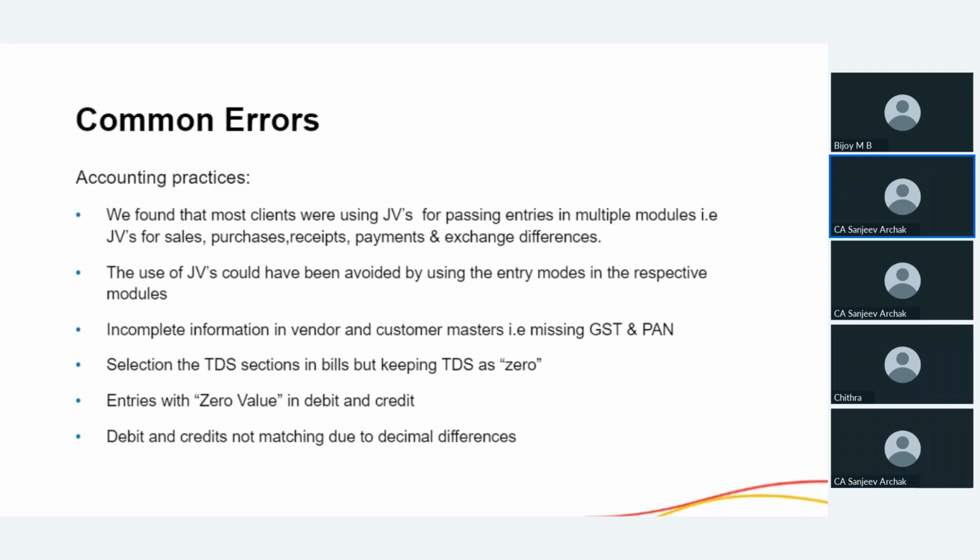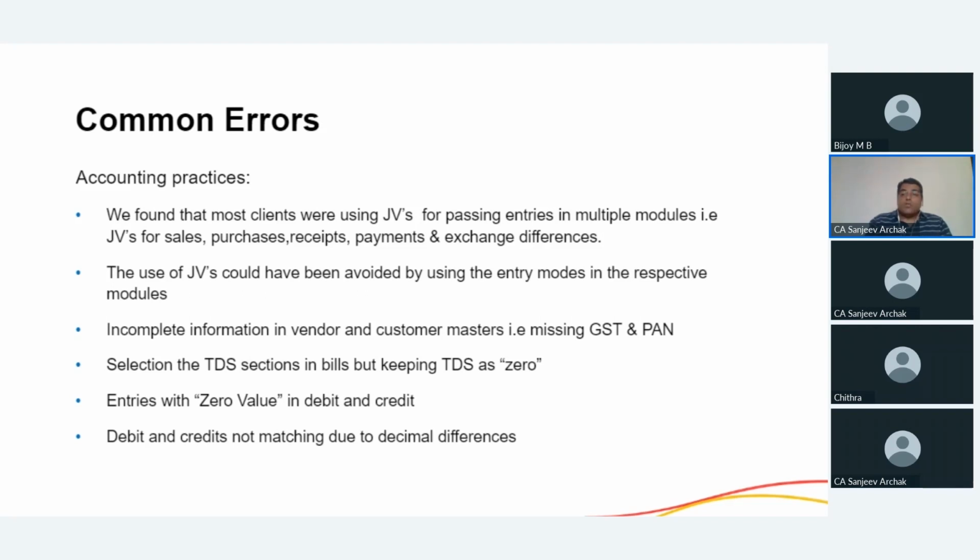One more unique feature that we saw in a larger case of migration that we handled was that there were a lot of entries where the debit and credit amounts were zero. Now, how this happened in QuickBooks is anybody's guess, but we didn't understand the logic of passing a zero value entry. Another important feature which led to a lot of errors for us when we were migrating was that debits and credits were not matching.